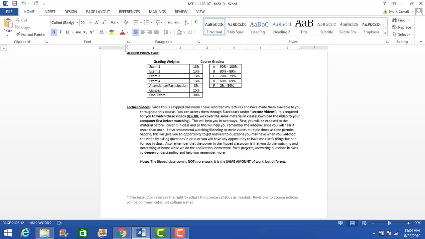What happens if you get stuck? You try to get help. You go to the tutoring center. But what if you don't have time to go to the tutoring center? What if you have a job? That's the traditional method. You go to lecture, and then outside of class, you're expected to practice, do the homework, ask questions, and so on. Well, what we're going to do is flip the way it's done.